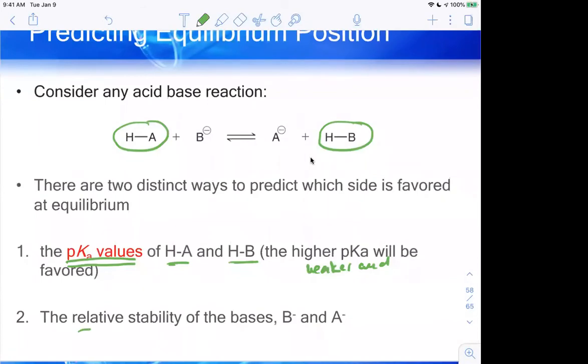Or I'm going to compare the relative stability of the bases. And then remember, the weak side is always favored. So I'm going to need to be able to assess these different molecules according to their acid strength, because to predict the equilibrium position, I have to determine which one is weaker, and then the equilibrium will lie to the weak side.